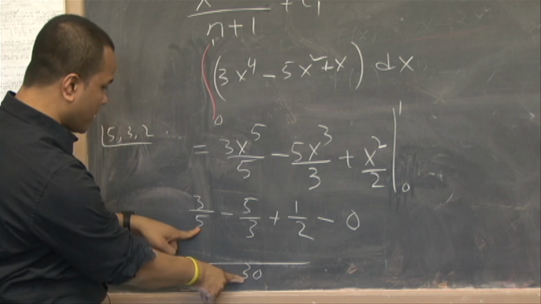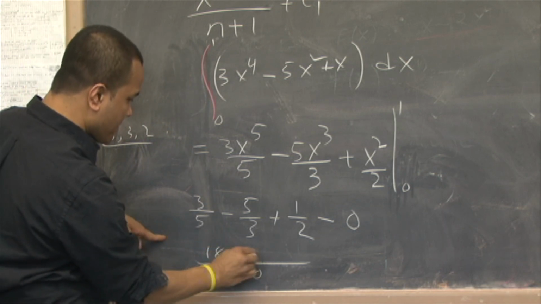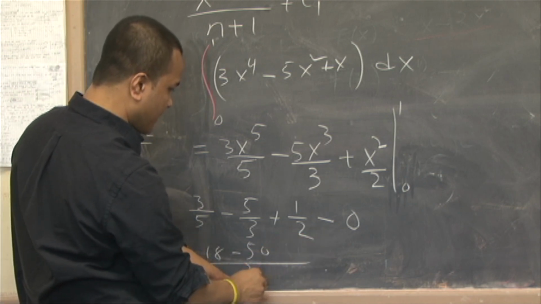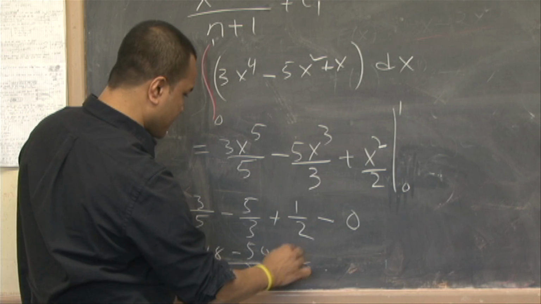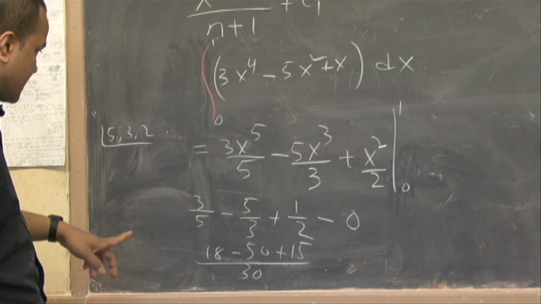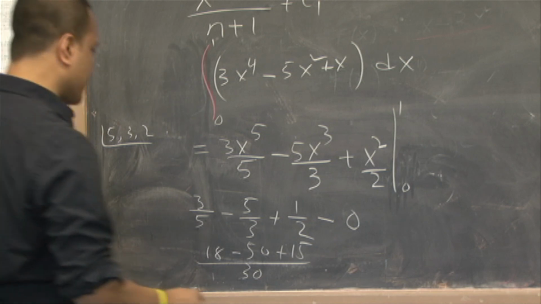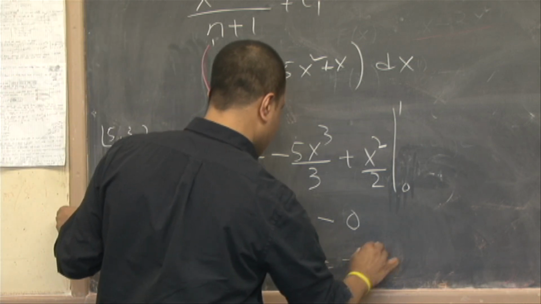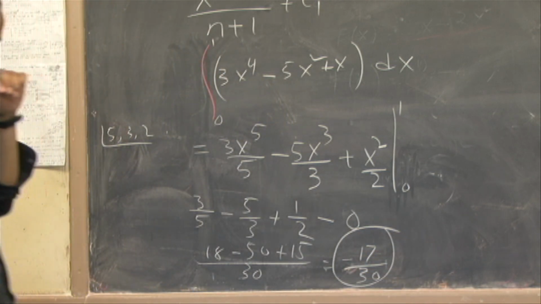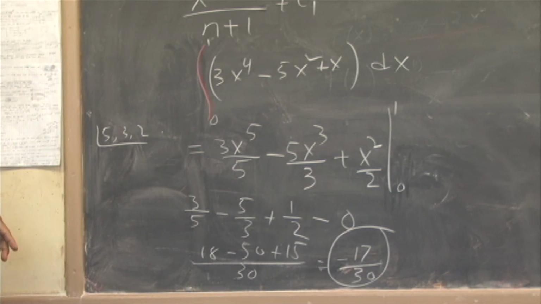So 3 over 5 goes to 18 over 30, minus 5 over 3 goes to 50 over 30, and 1 over 2 goes to 15 over 30. So 15 plus 18 is 33, minus 50, so minus 17 over 30. That would be the area under the curve.